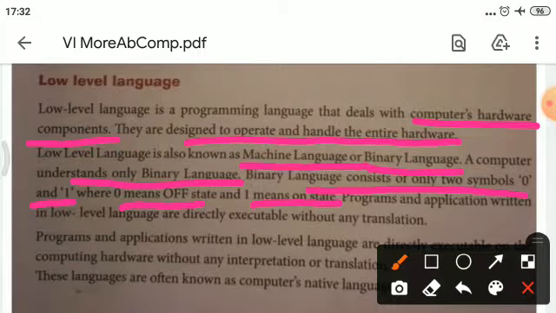Students, you should remember here, 0 refers to the off state and 1 refers to the on state. Programs and applications written in the low level language are directly executable without any translation.